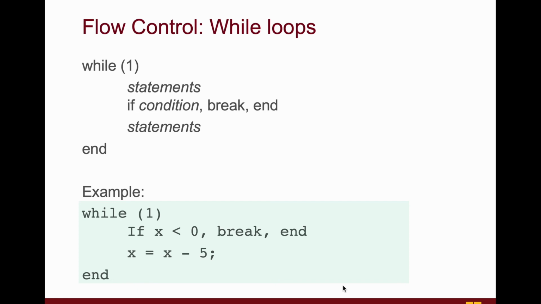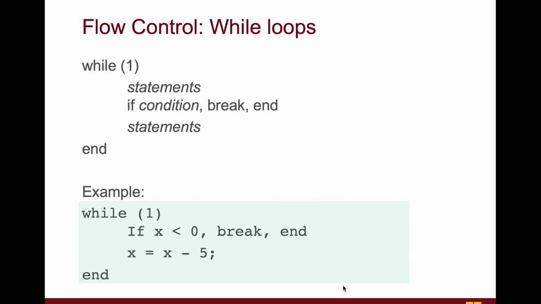So in the previous example where x was initially given as 8, in the first loop of this while loop, x is 8, so it won't break. It goes to the next line, x equals x minus 5, which gives us x equals 3, right? Then it goes back to the while loop again and checks if x is smaller than 0.